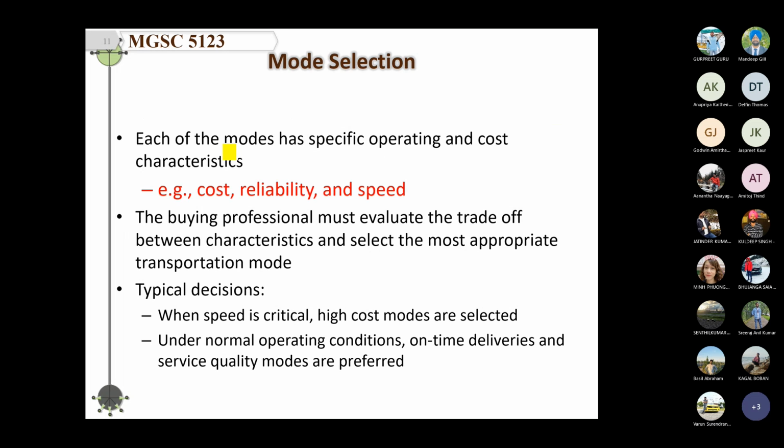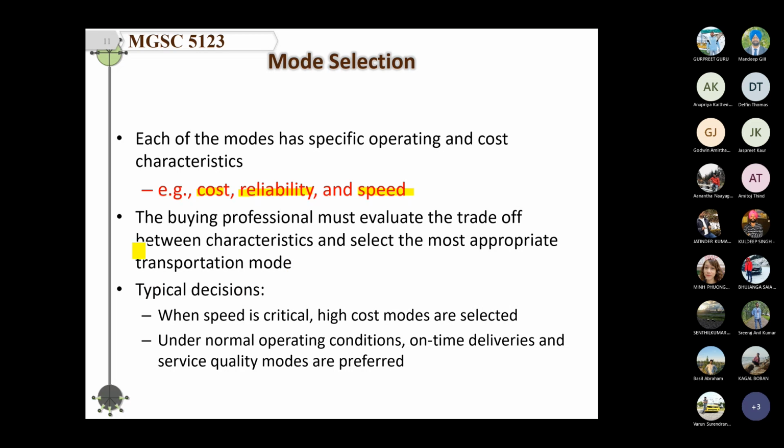And a detailed discussion about how to select the mode of transportation. Here we noted that there are three main criteria when we decide about the mode: cost, the reliability of that mode of transportation, and finally the speed.